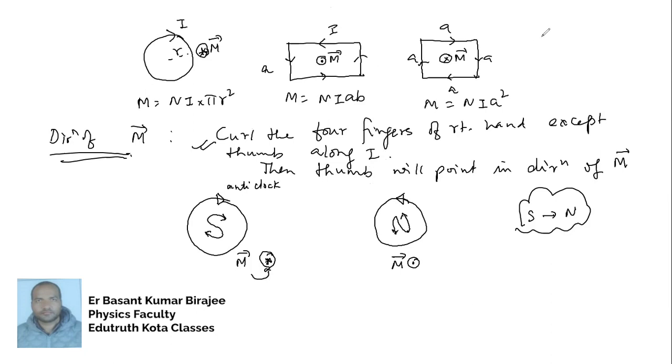So for the loop, the magnetic moment is N I A, where N is the number of turns, I is the current in the loop, and A is the area of the loop.